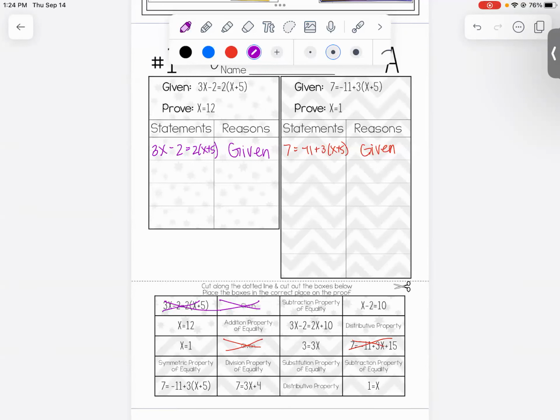So we have the given information. Okay, Harvey, what's our next step? It's distributive. You times the 2 and you times the 2, and subtraction with x and 5. Then your next statement should be 3x minus 2 equals 2x plus 10. Good. Okay, Sam, what do we do next?